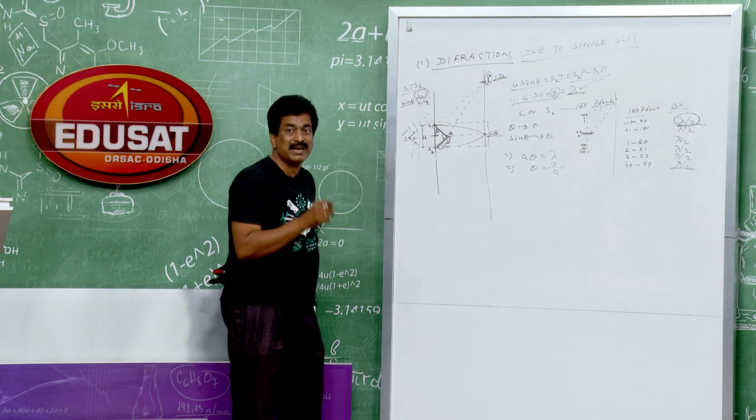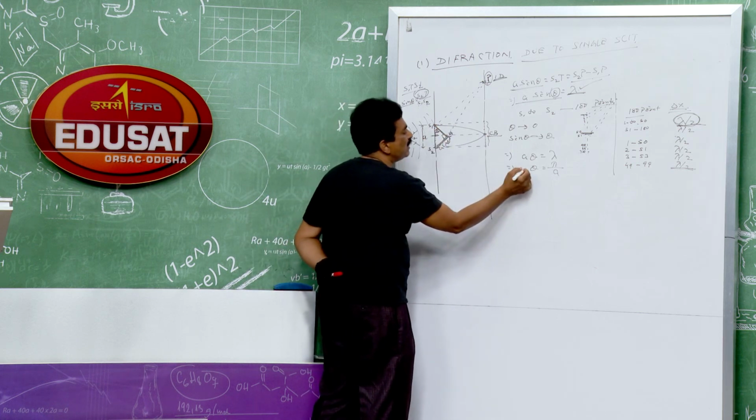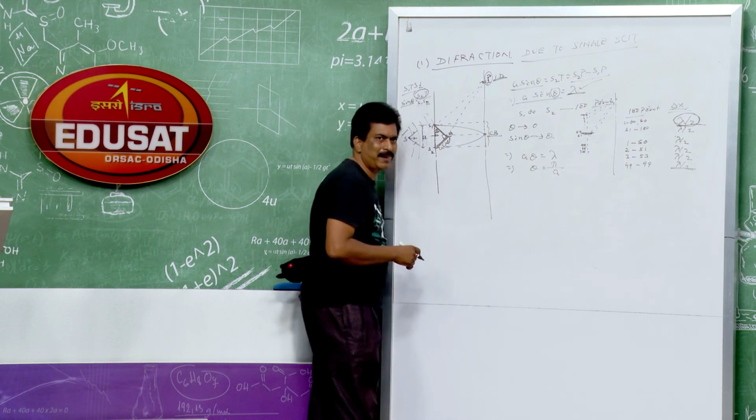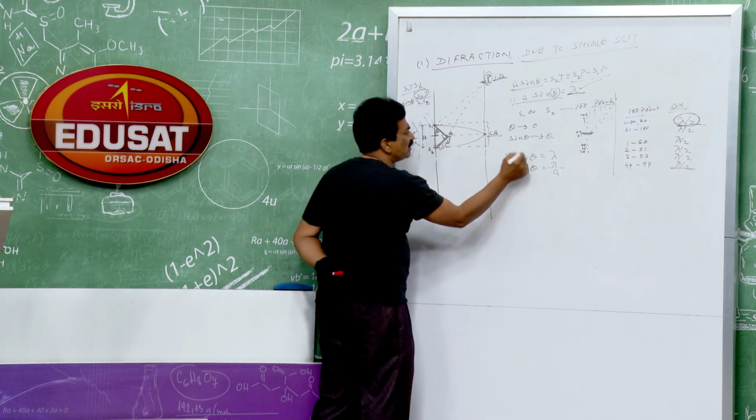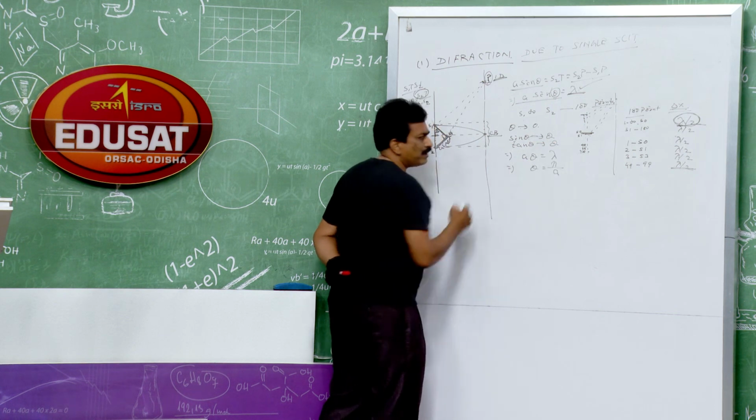Theta means the angular vision, the angular vision is lambda by a. Suppose this theta is very small, tan theta is also equal to theta.